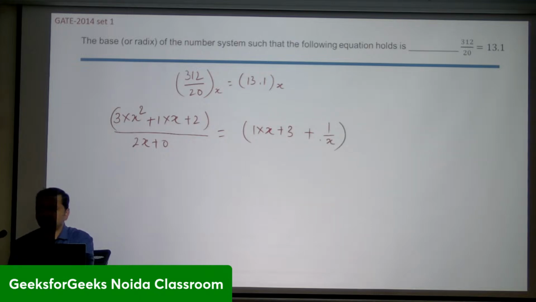Now the base of both sides is known to us. Now it is base 10. We can solve it. It is going to be x square plus 3x plus 1 upon x. Now we can cancel out this x with this one.